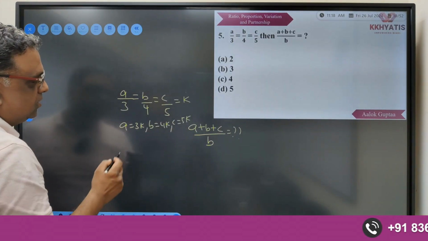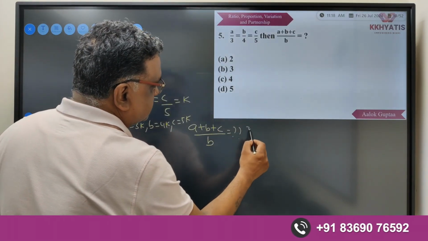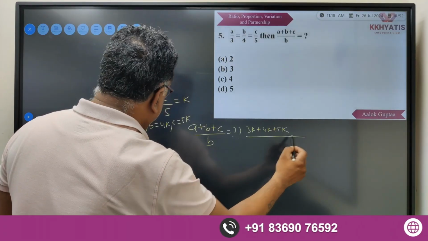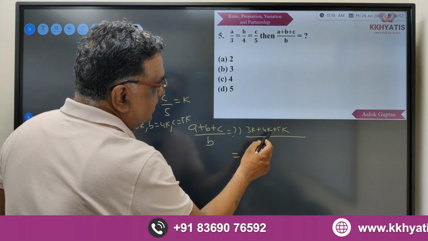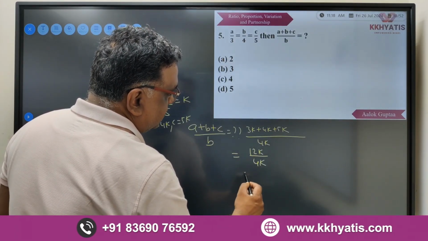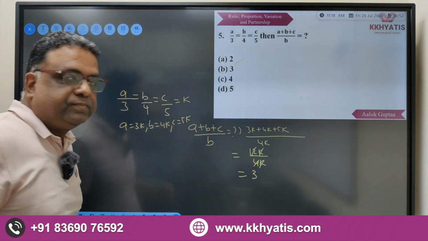Yes or no? So then what does this become? 3K plus 4K plus 5K, and B is 4K. So this will become 7 plus 5, 12K upon 4K. So K will cancel, then this will be 3. So the answer is 3. Clear?